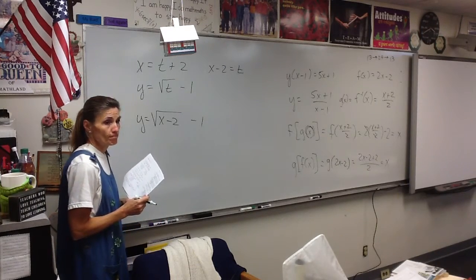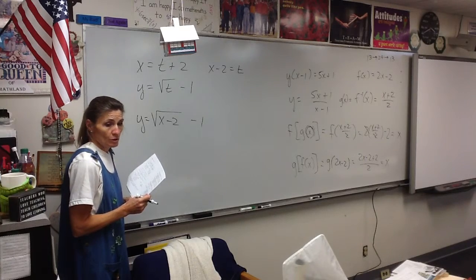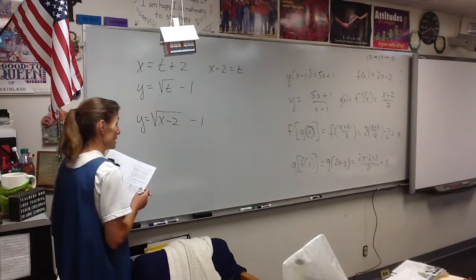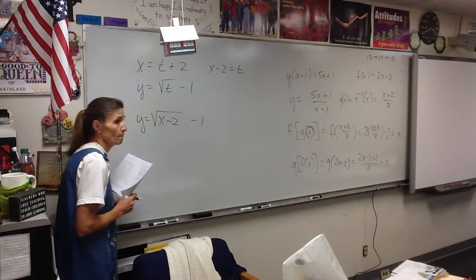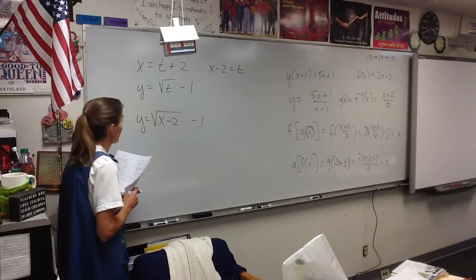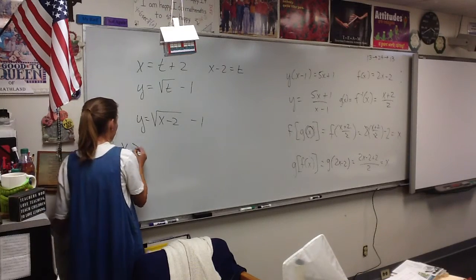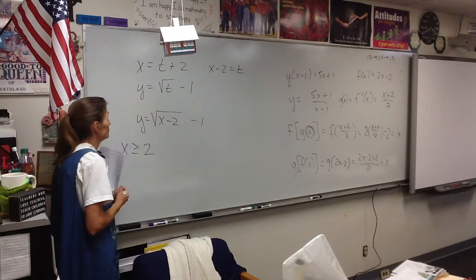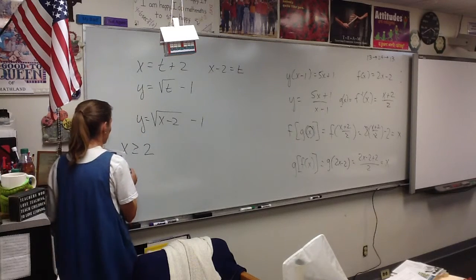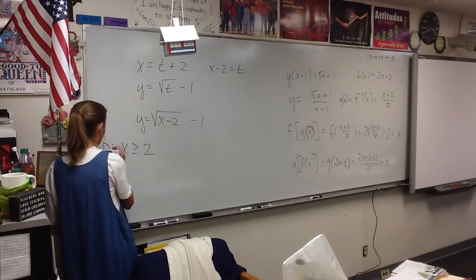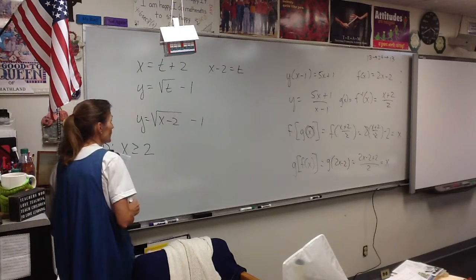Okay. So then what, Jamie? Then I said that x has to be greater than or equal to 2. And then for the range, it has to be greater than or equal to -1.